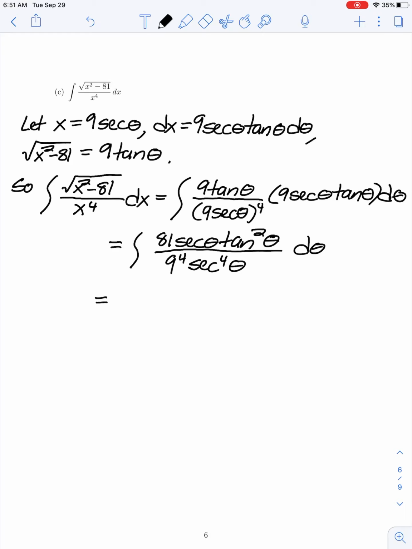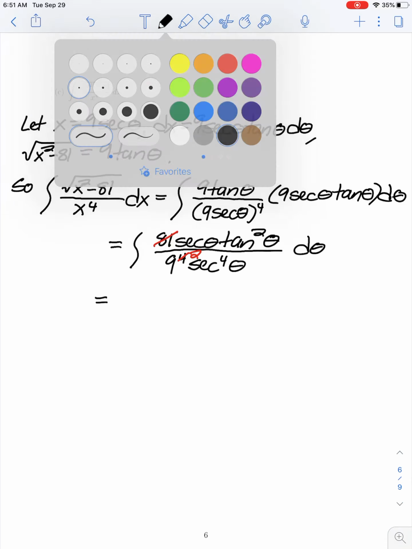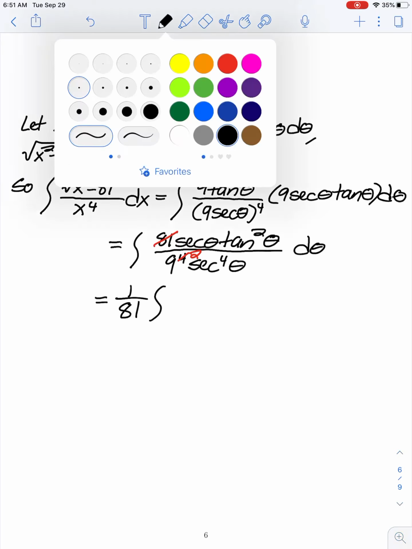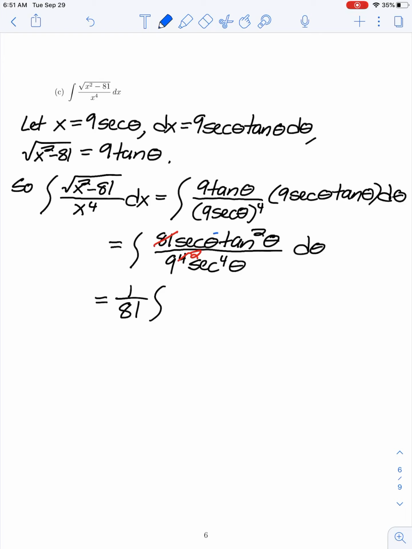So let's simplify a little bit here. Canceling some constants, in our numerator we have an 81, or 9 squared, divided by 9 to the fourth. It's going to leave us with 1 over 9 squared, or 1 over 81, which I can bring out in front of my integral. Then we had a secant theta over secant theta to the fourth.